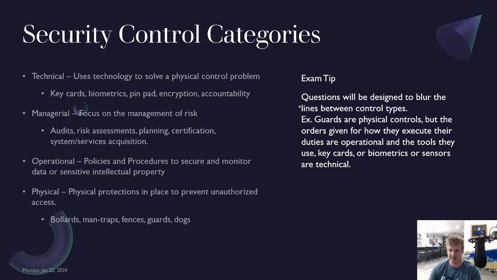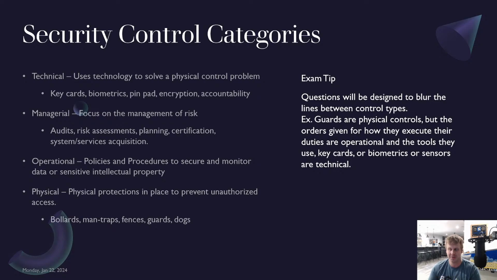Exam tip, again, kind of blurring those lines. The questions will try and blur the lines of how these controls work. So, like I said, you may have something that reads like it is, say, a guard, and what are the policies, or the orders that are given to the guards?